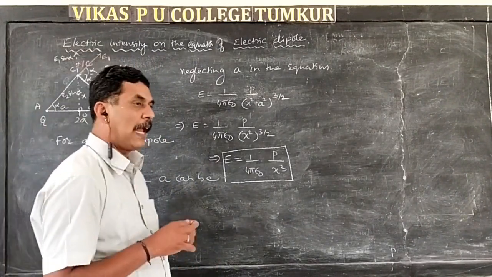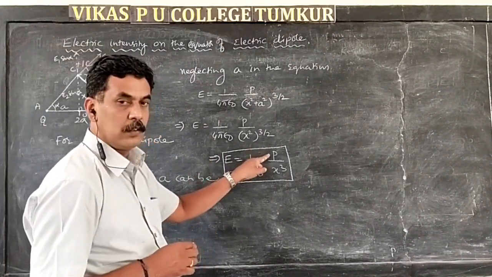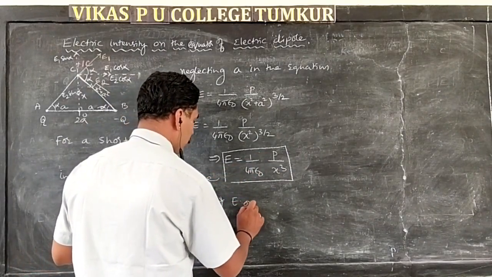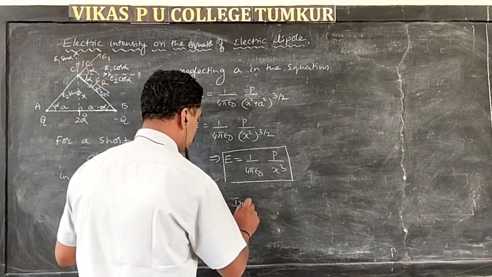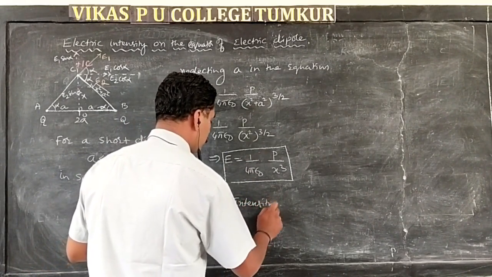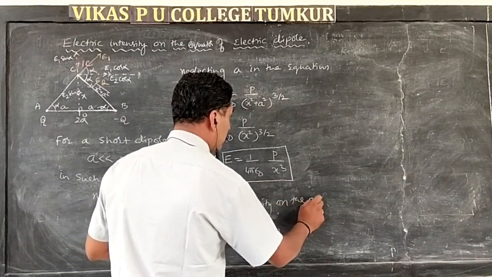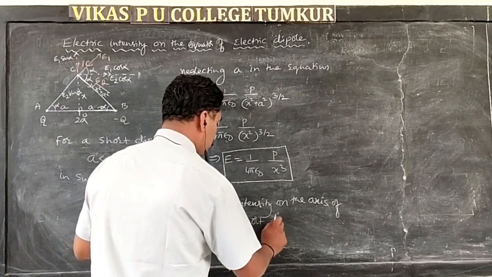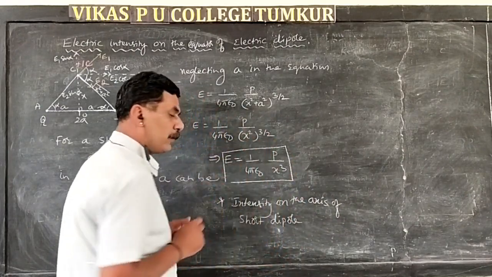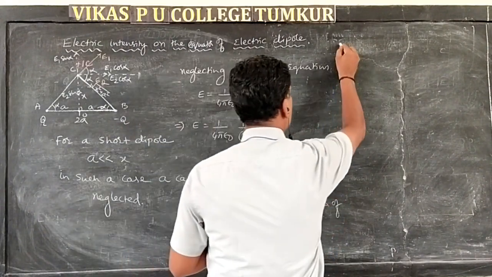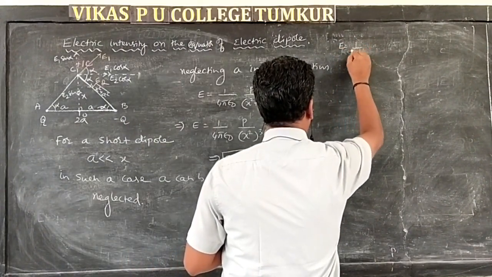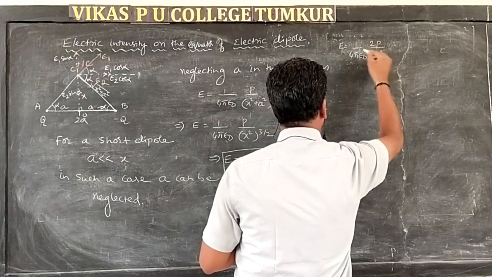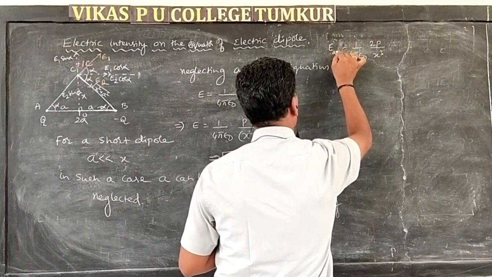For the axis, we got 2P. So the intensity on the axis of a short dipole: E axis is equal to 1 by 4 pi epsilon naught 2P by x cube.